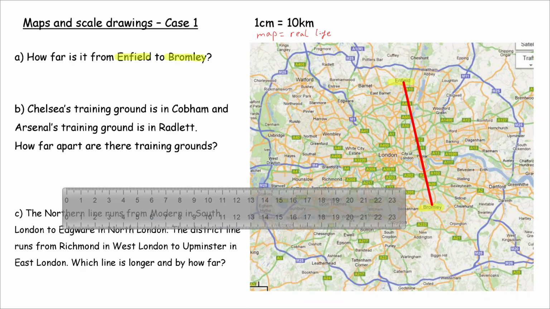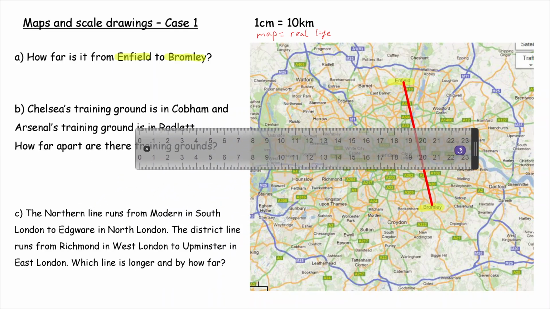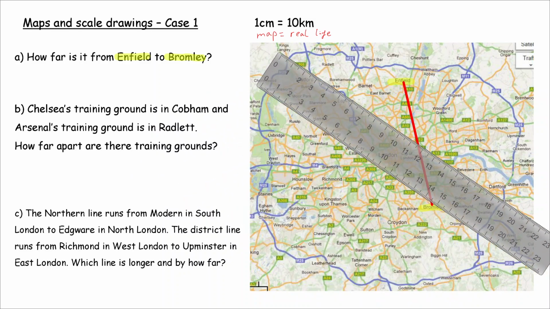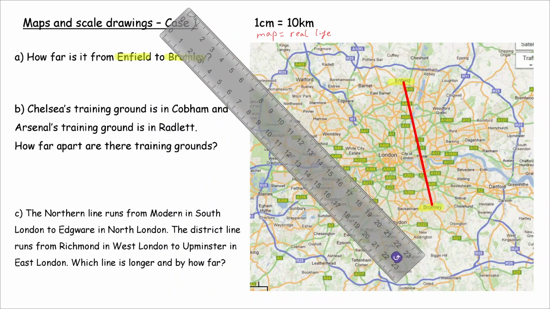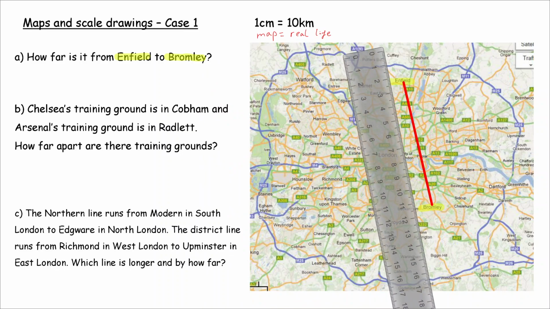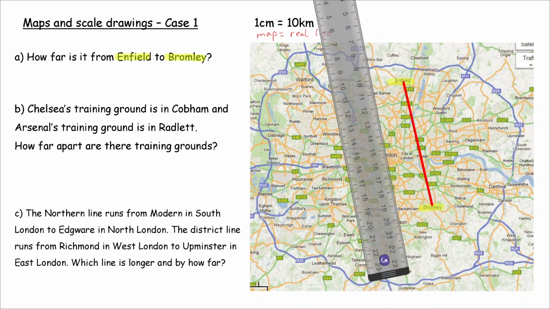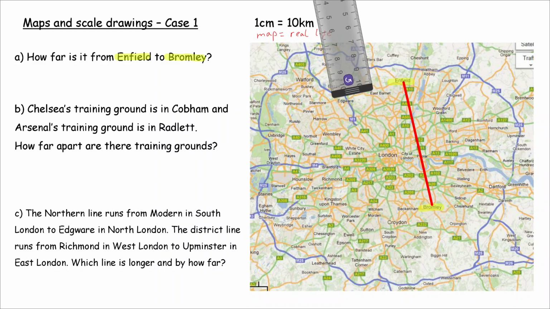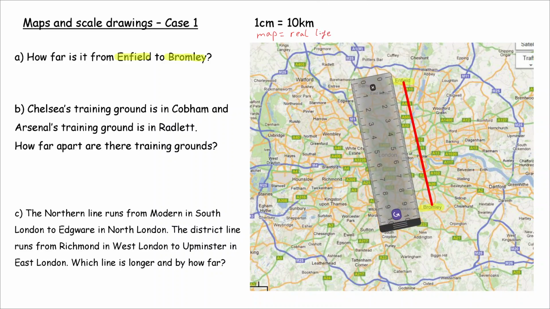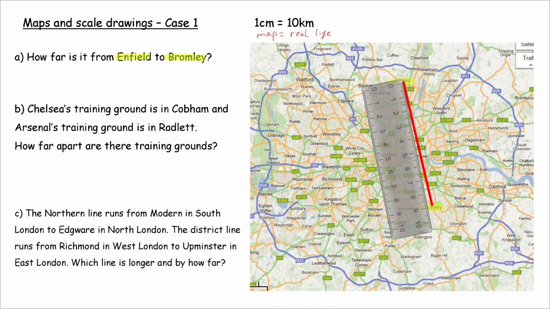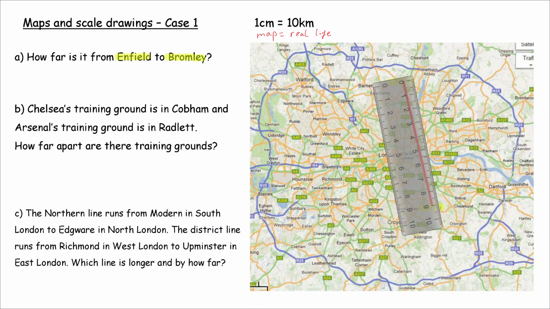Now I've got to go and get my ruler into position. So let's go and sort of turn it around a bit. And this ruler is measuring in centimeters, which is good. And I've got to go match it up with what is going on here. And that's not good. Can I make it shorter? Perfect. That's good. Okay, so let's get the 0 on there and let's line this all up. So there we go.